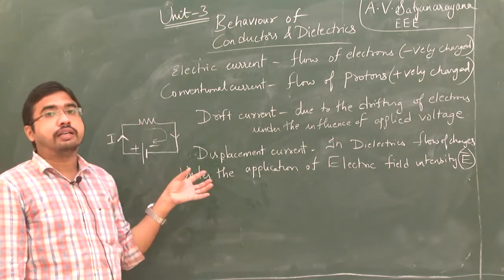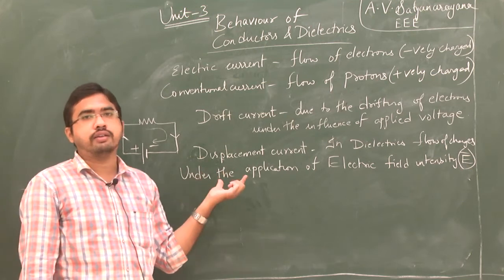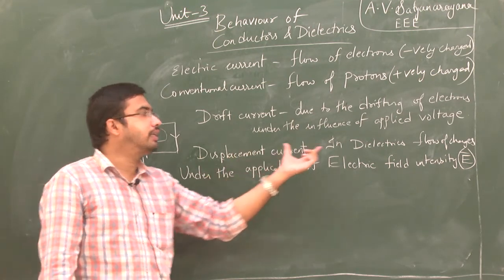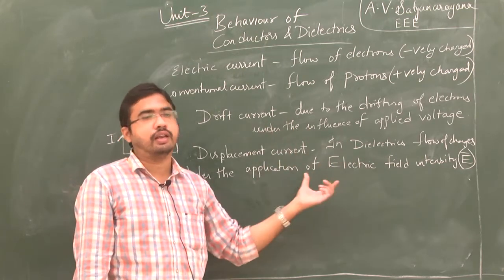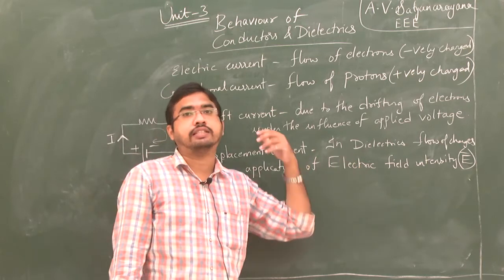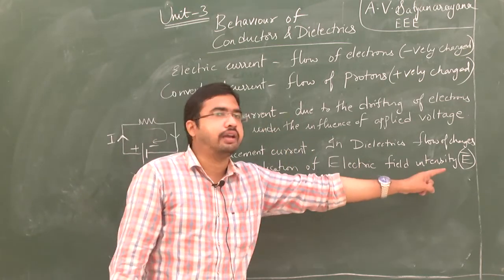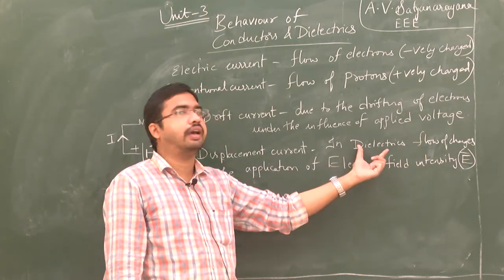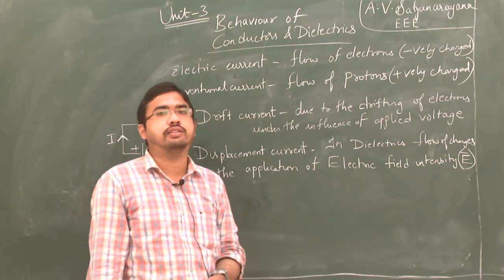Next, particularly in dielectrics, we are going to see a current called as displacement current. Generally, dielectric will act as an insulator. There will not be any free electrons in dielectrics. Under the application of an external electric field intensity, that means if you provide some electric field intensity E to that dielectric, then in the dielectric also there will be flow of charges.